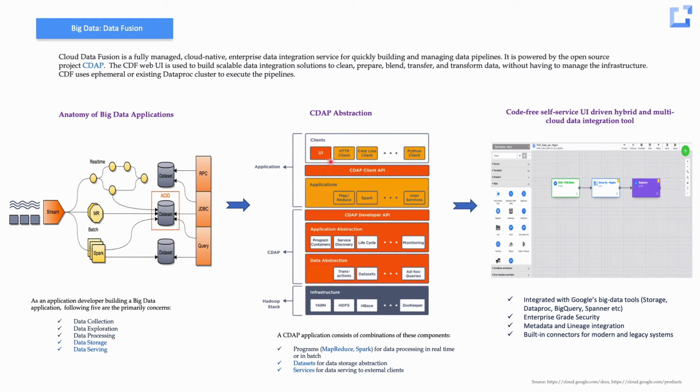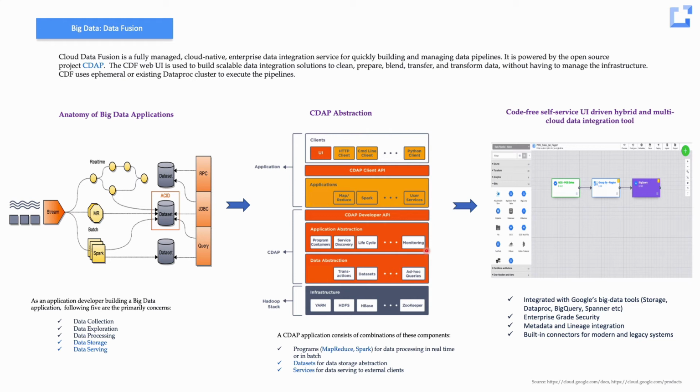If you look at the middle here, it's basically the CDAP abstraction: you have the entire Hadoop stack with all the tools and everything, and then you have the application abstraction and data abstraction, which is, I want to do something with the data. I don't care how it is stored in HDFS, or how different components are actually executing it.